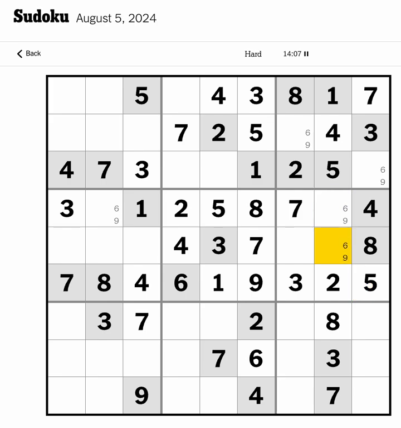These 2 will be 6 and 9, so that will leave only 1 for this cell.